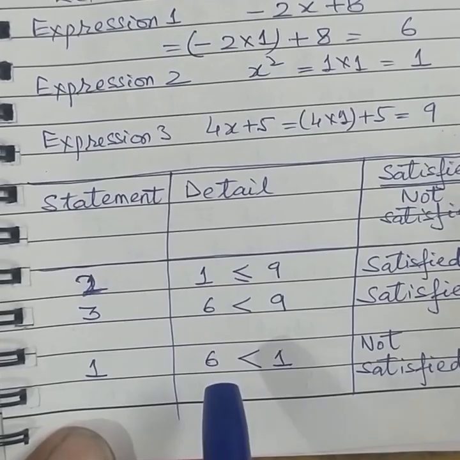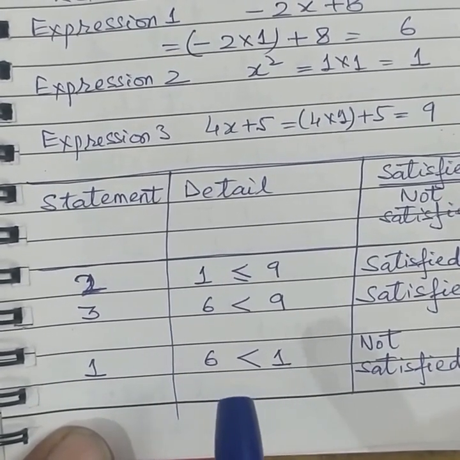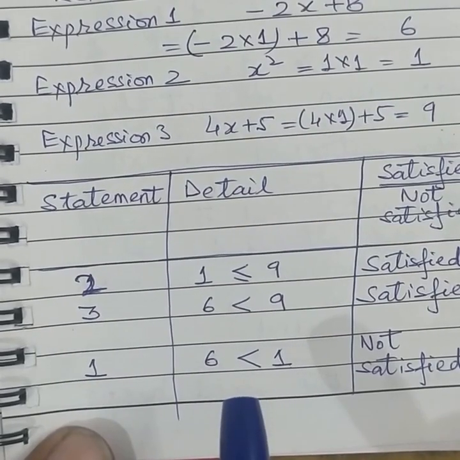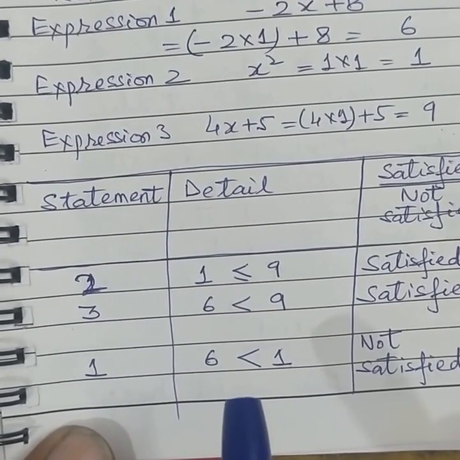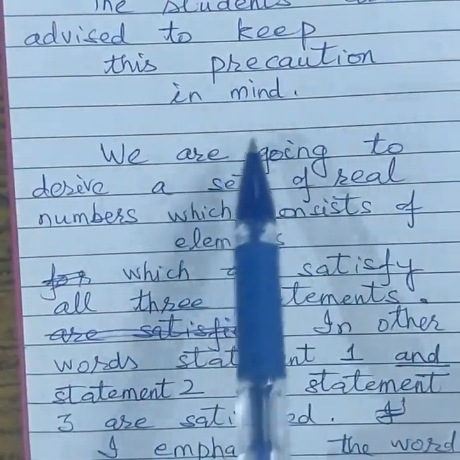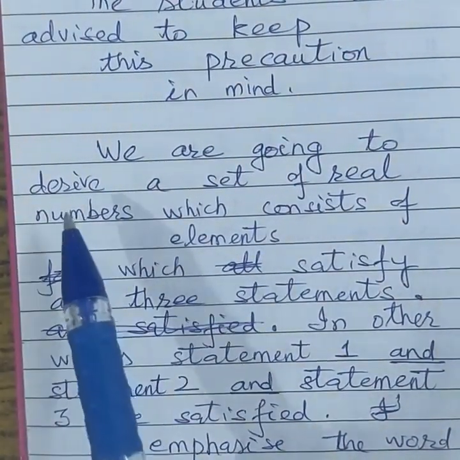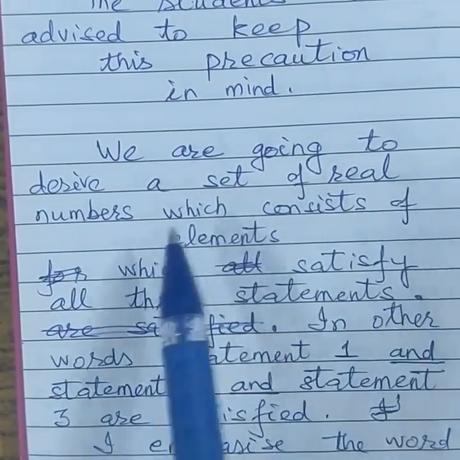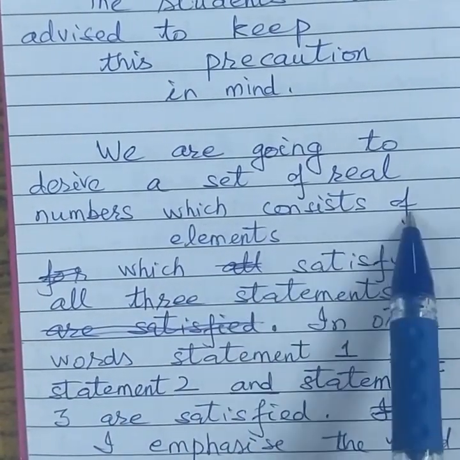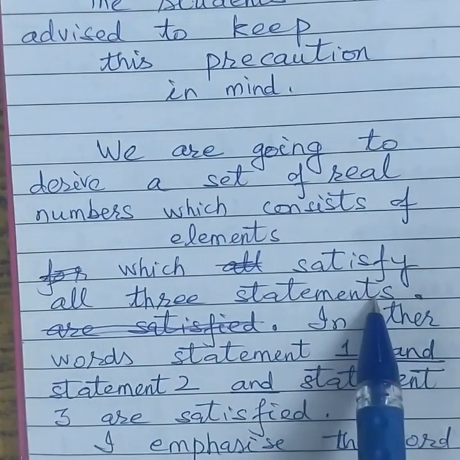Now we have seen that if any two of three statements are satisfied, the third statement may hold true or may not hold true. The students are advised to keep this precaution in mind. Now we have reduced our problem to derivation of a set of real numbers which consists of elements which satisfy all three statements.